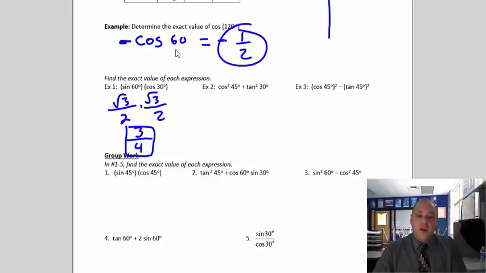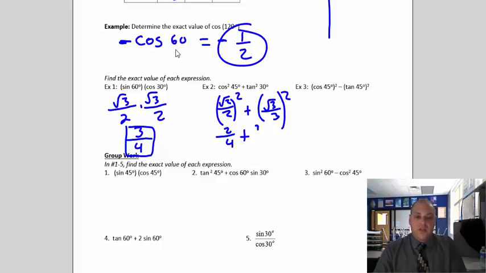Cosine of 45 squared. Cosine squared 45 means the cosine of 45 squared. So the cosine of 45 is radical 2 over 2. We need to square that. And then the tangent of 30 squared, that's radical 3 over 3 squared. So that's going to be 2 over 4 plus 3 over 9. And then we're going to get a common denominator here.